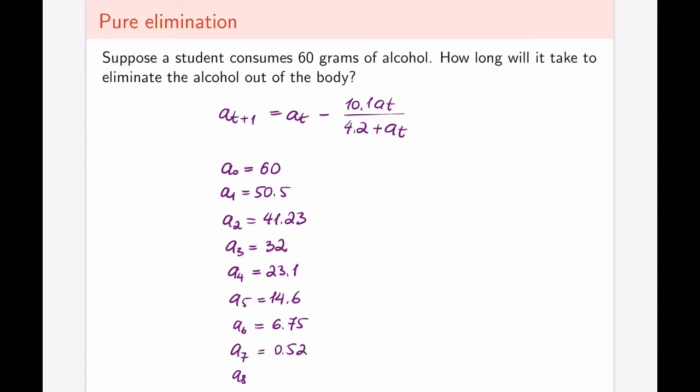And then finally, in 7 hours, we're able to reach a negative amount. Now, of course, there cannot actually be a negative amount of alcohol in the system, which means that somewhere in here, there will be none left to speak of. Approximately 7 hours is how much it takes to eliminate 60 grams of alcohol out of the system.